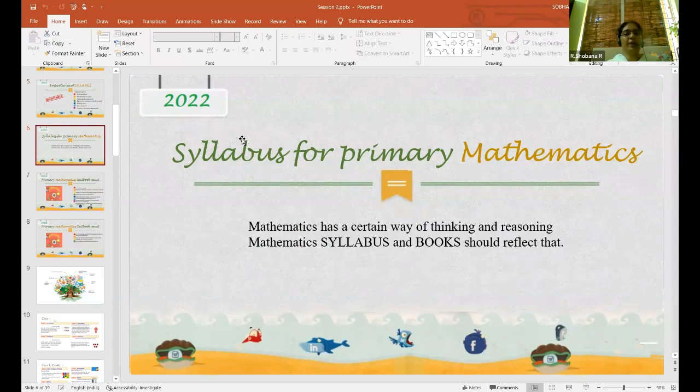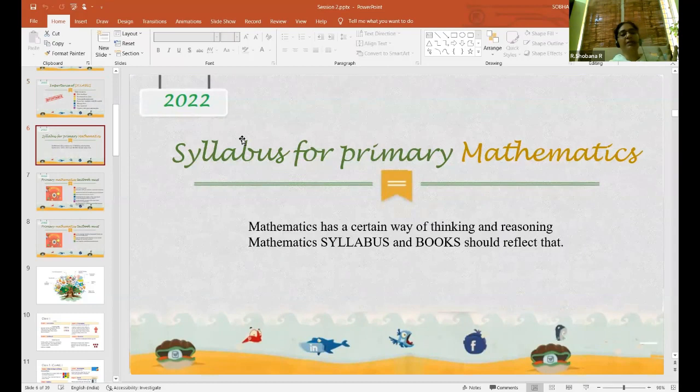As Charu ma'am said yesterday, it's quite a bit different from other subjects, because it cannot be taught orally like other subjects. It has to have a lot of activities. Each and every session has to be demonstrated on the board or through activities. So mathematics is a subject that is special in that way.